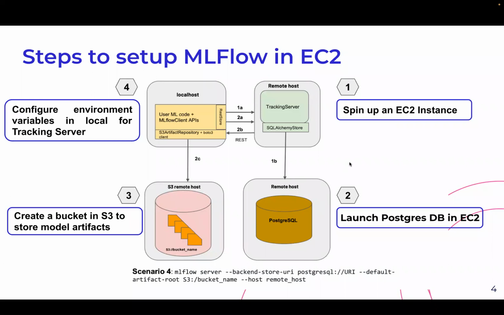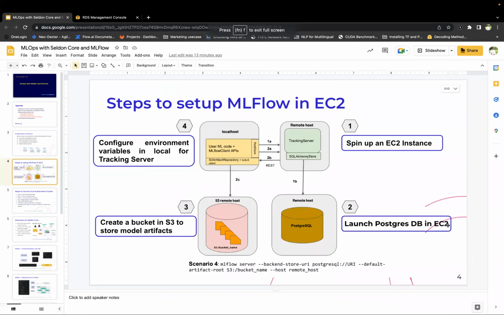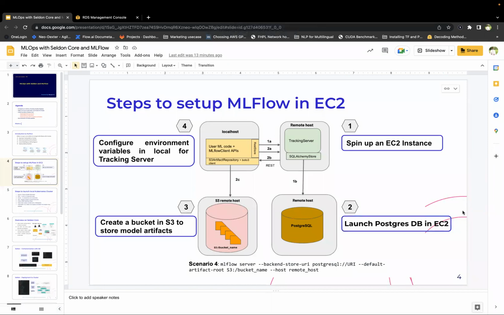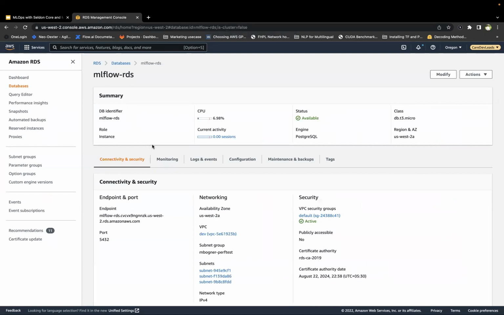So once you spin up the EC2 instance, you can launch the Postgres DB, not in EC2, but in RDS. Oh, I'm not able to edit this. Okay, that's fine. This is RDS, the AWS service for relational databases.